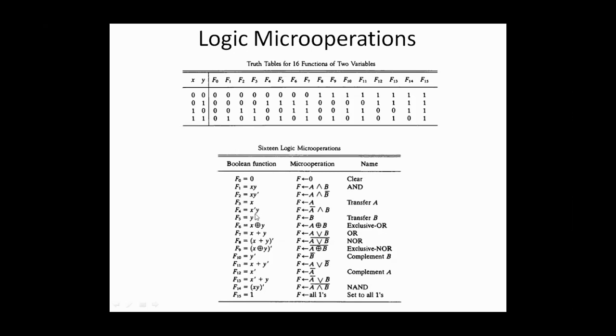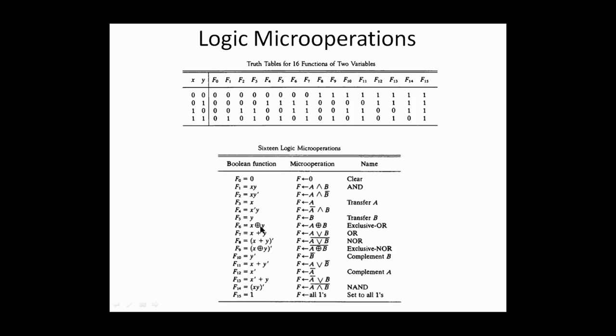In the same way, F4 is X bar Y. If we look at F5, it is 0 1 0 1, which is same as Y. Fine. So it will be transfer B, meaning at the output we will find the contents of register B, and it doesn't depend on A.